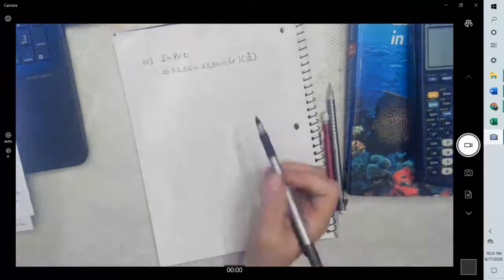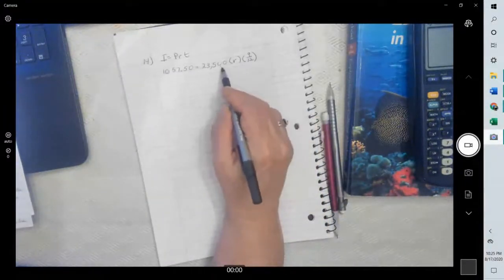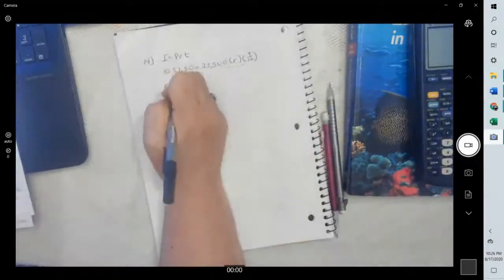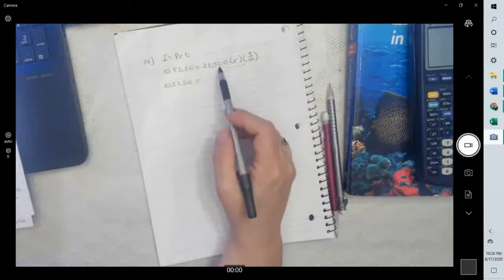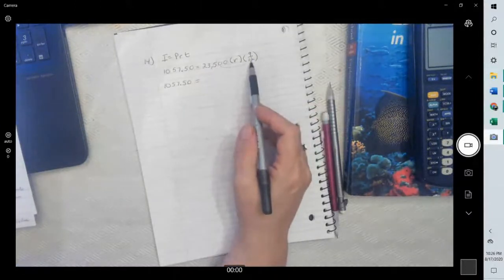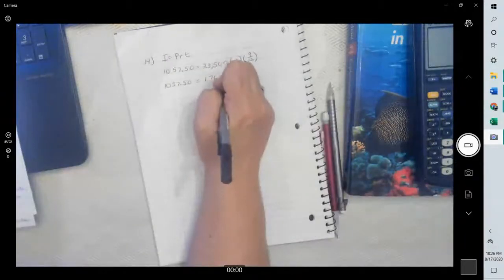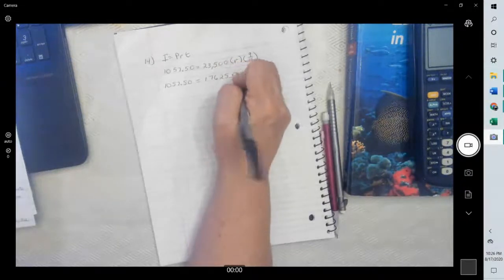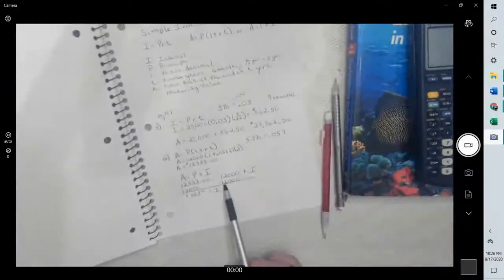To solve for R, the first thing I would do, because this is all multiplied together, is multiply these two together. 23,500 times 9/12, we get 17,625 times R. When you're solving for a variable, you want to think: the last one we were adding, so we subtracted it.